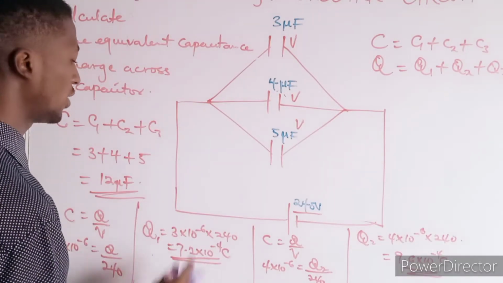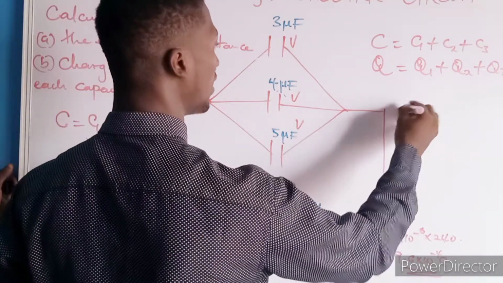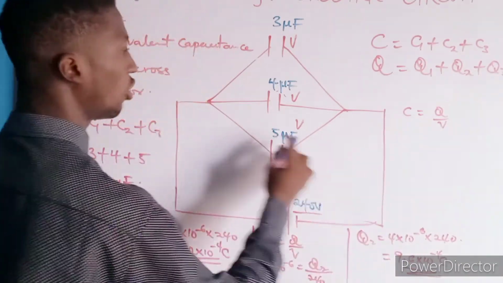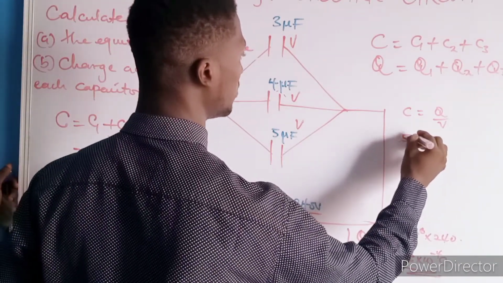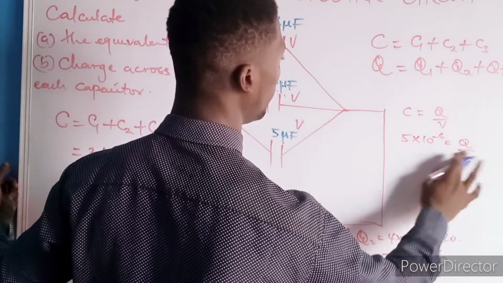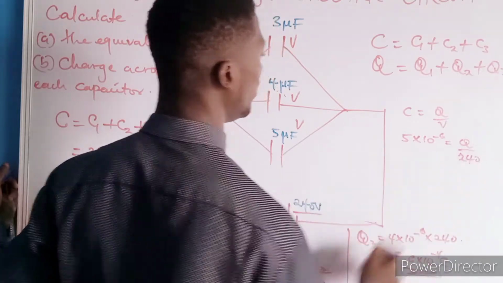Now to get the third one, we can simply say that C is equal to charge over V. And here C for the third one is 5 times 10 to the power minus 6, equal to charge over V. And our V here is 240.